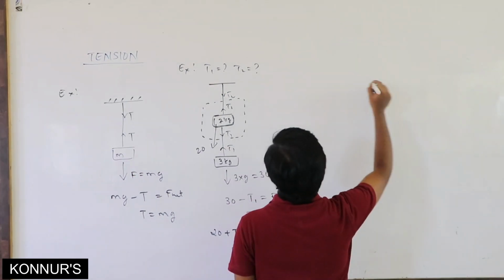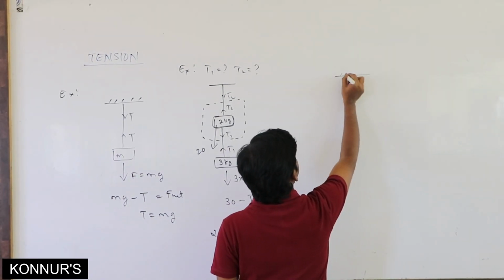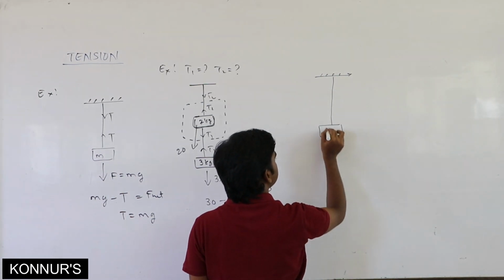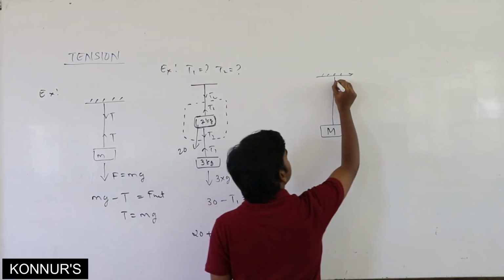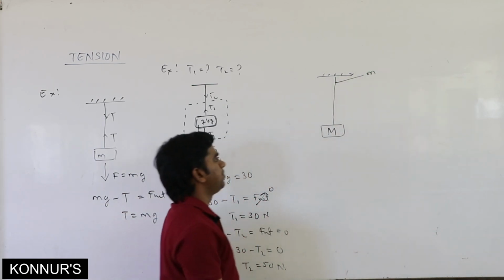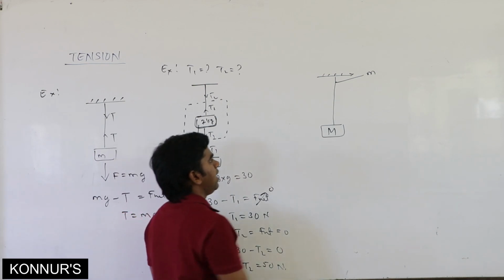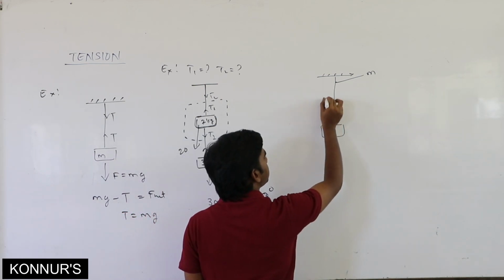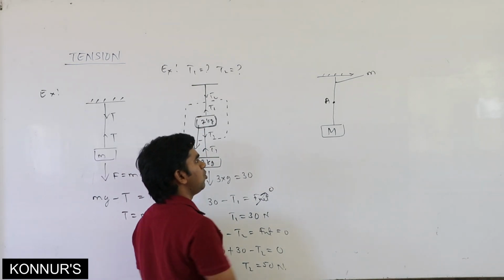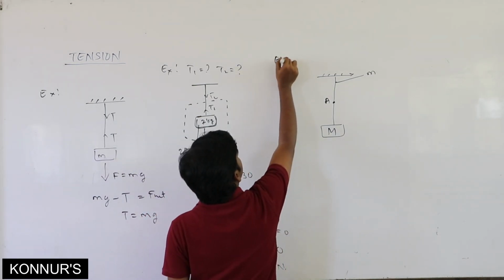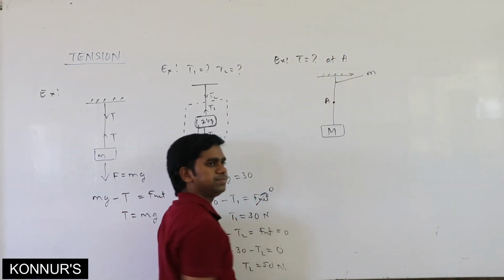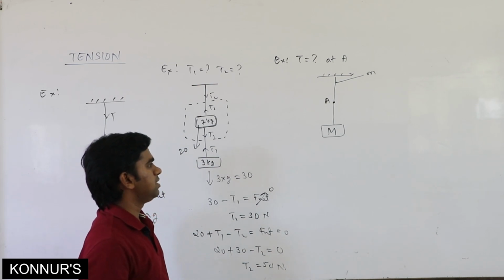Similarly, suppose you have a roof here and a wire connected to a mass M, and the mass of the string or wire is given as m. At the midpoint there is a point A. If they ask you to calculate the tension at point A, how can we find it?